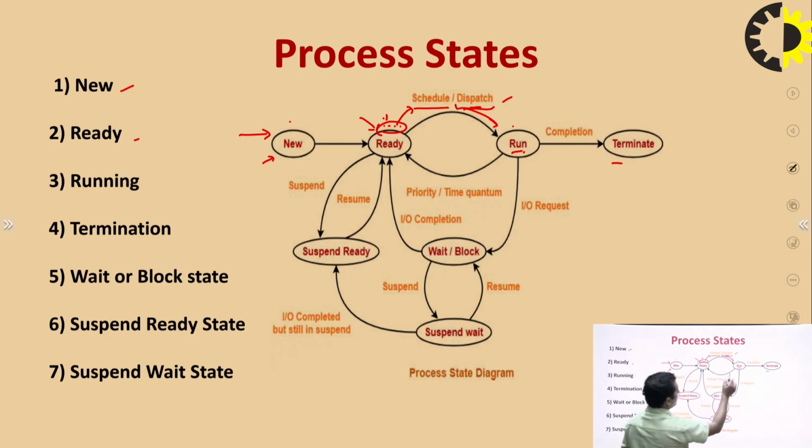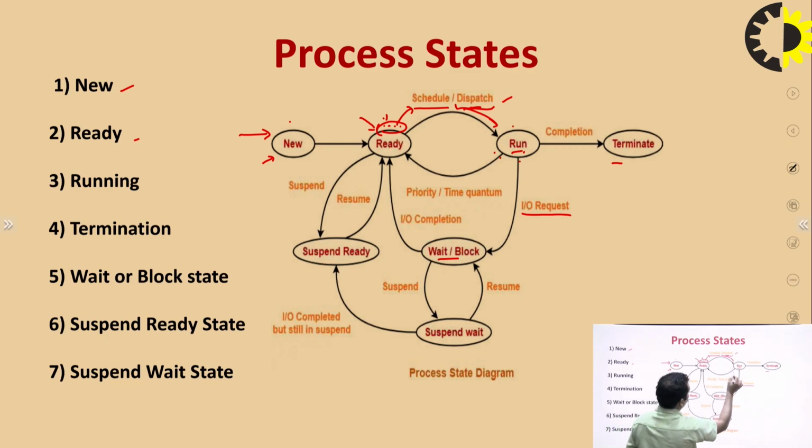If the process is blocked or stopped due to some reason, this reason may be an input output request. If the input output request arises, then the process comes into the wait or blocked state, meaning again the PCB, so context switching will be there and the PCB update will be done.